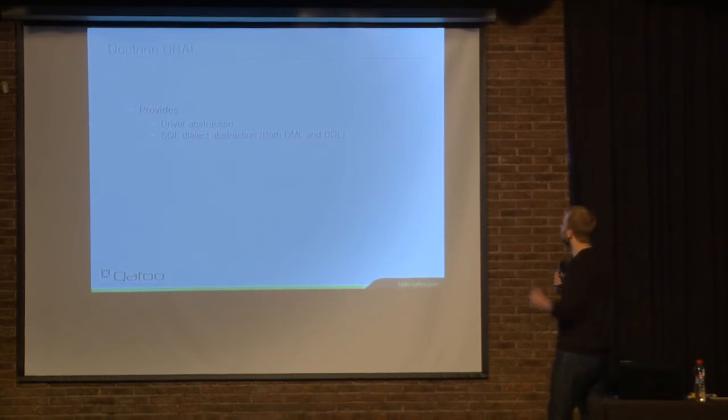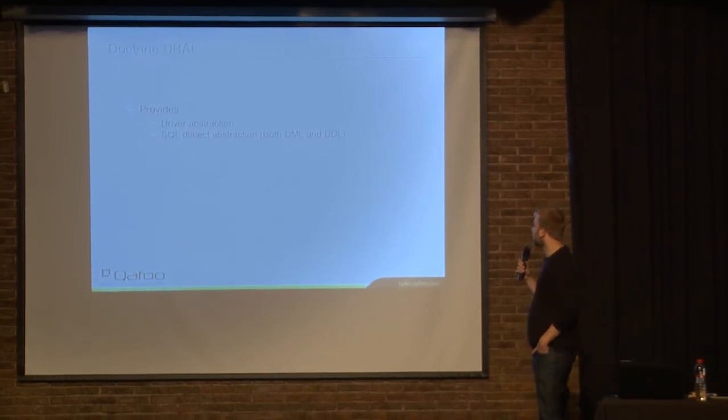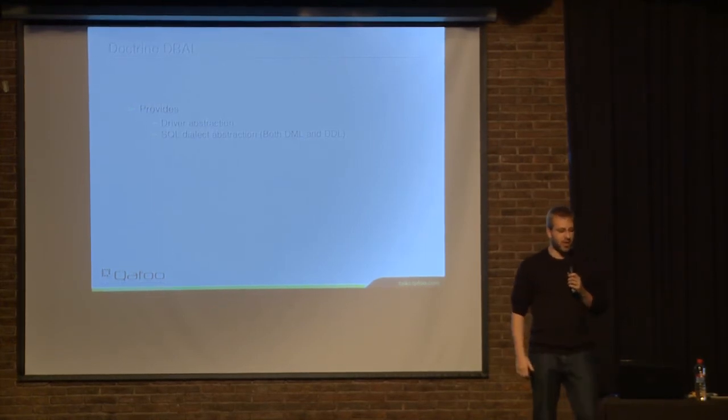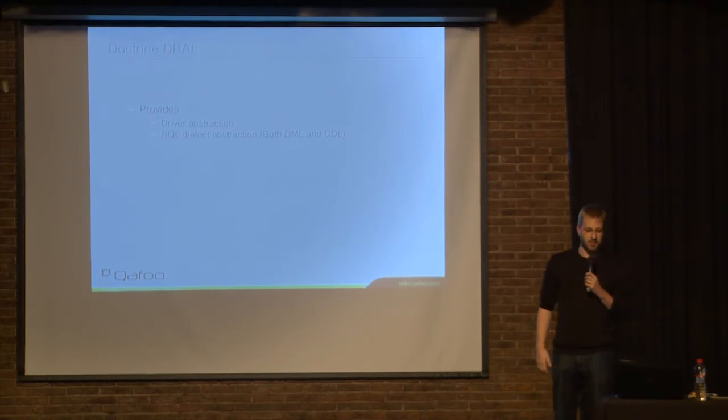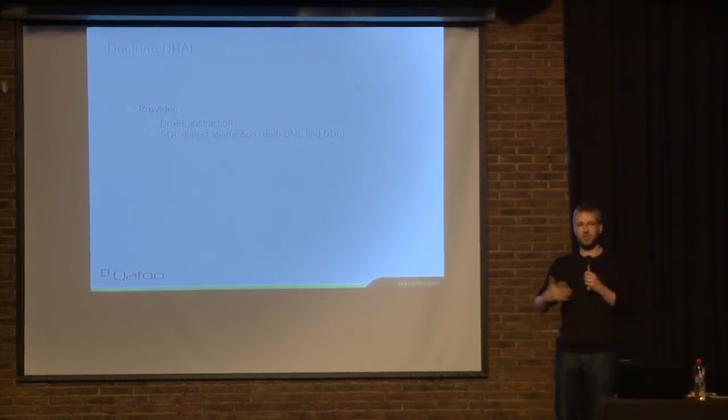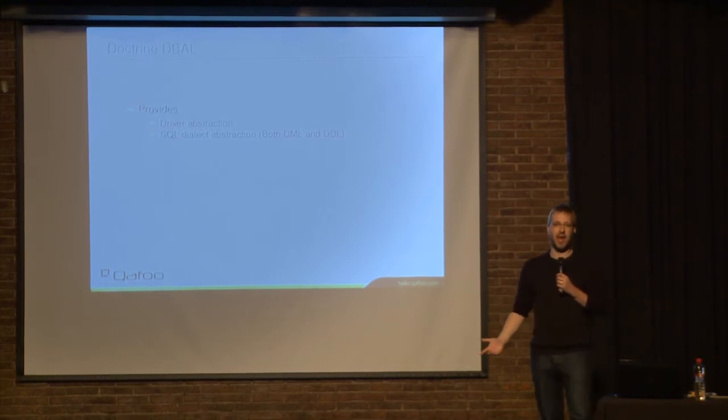The Doctrine database abstraction layer has many different features. The first one is an abstraction for different drivers. We also have an abstraction for different dialects of the SQL language.